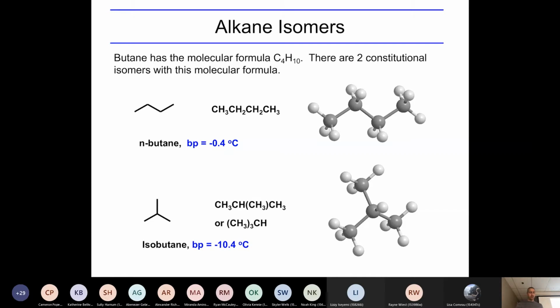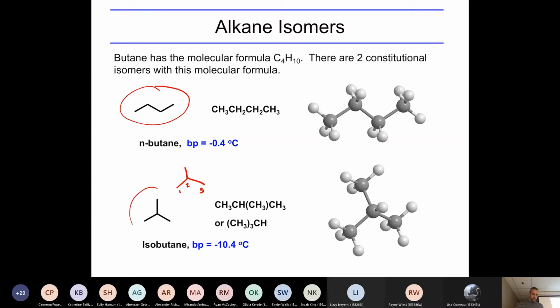Butane has 2 constitutional isomers. We have N-butane, where we take all 4 carbons and we connect them in a line. Fill all the octets by adding hydrogens, and you have N-butane. N stands for normal in this case. Or what you can do, instead of making a 4 carbon chain, you can make a 3 carbon chain, 1, 2, 3, and then add a carbon off of the central carbon.